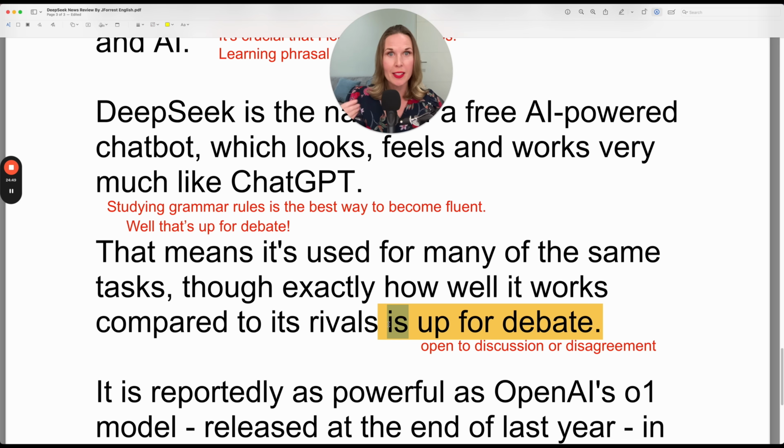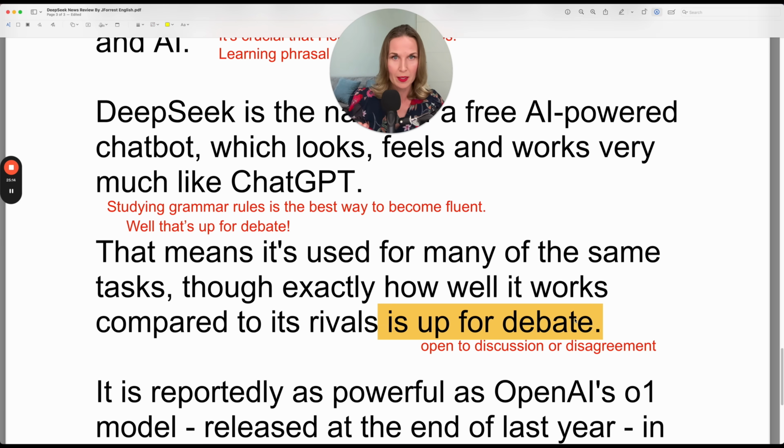You conjugate this based on the subject and time reference. And then up for debate. These words remain fixed, and then you just change your verb to be. This means that something is open to discussion or disagreement. So there isn't a general consensus. Some people disagree or think differently, or whether something is good or bad is still being discussed, debated.